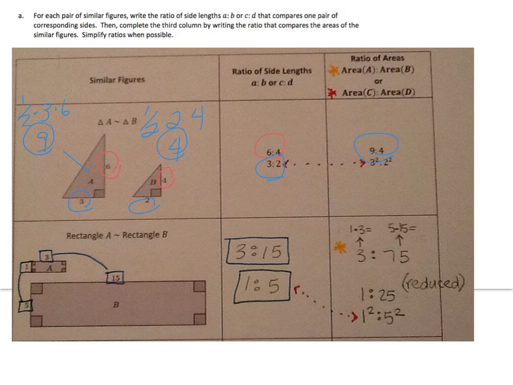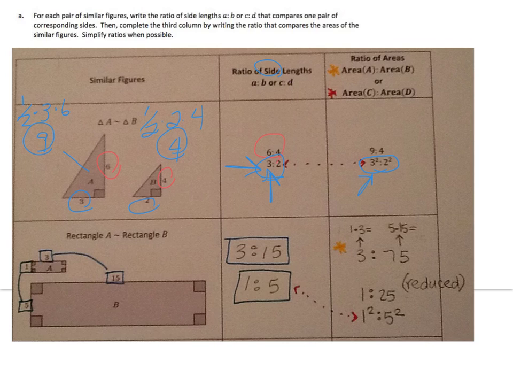That's how we have our ratios of areas. And then notice that it is the same as those two numbers squared, 3 squared to 2 squared. I'm equating that back to the most simplified ratio of sides squared. And you'll see the pattern as we go.